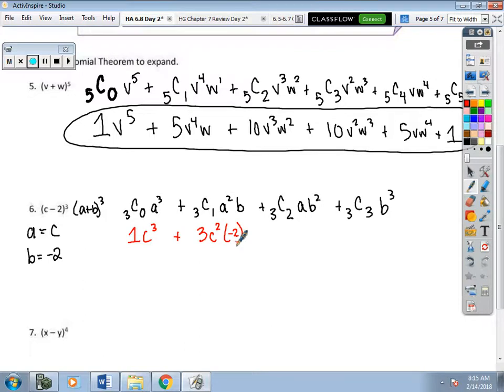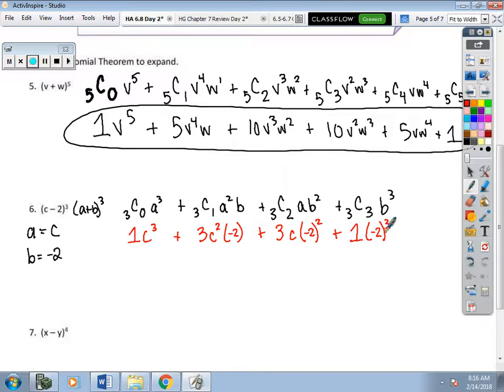I'm going to use parentheses so you don't think it's a -2. 3c2 will also be 3. A is then c to the first, and then this will be -2 squared, plugging in our value for b. And then lastly, 3c3 will be 1. And b cubed would be -2 cubed, evaluating.